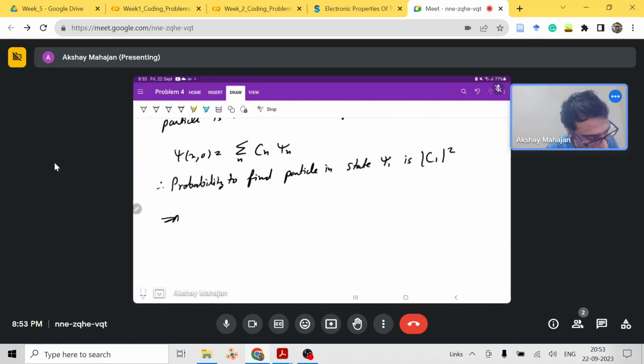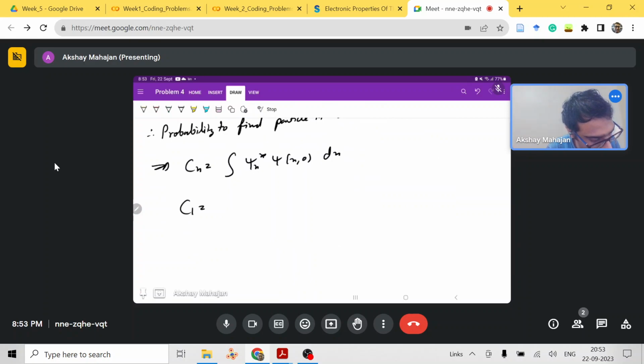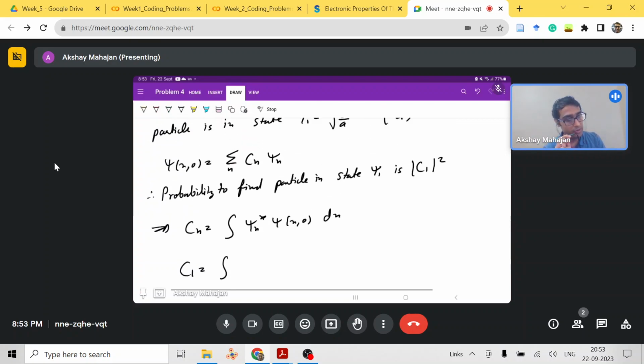So from here we can write c_n is equal to the integral of psi_n star times psi(x, 0) dx. This formula we know. So here our c_1 equals this, and this is how we find the c_n value.